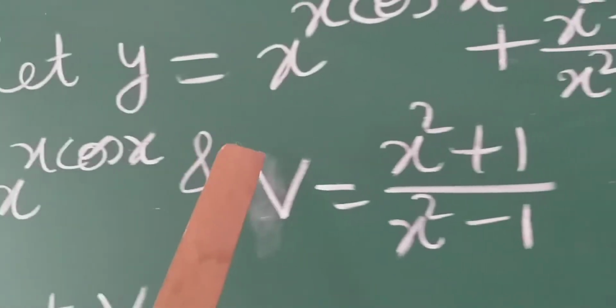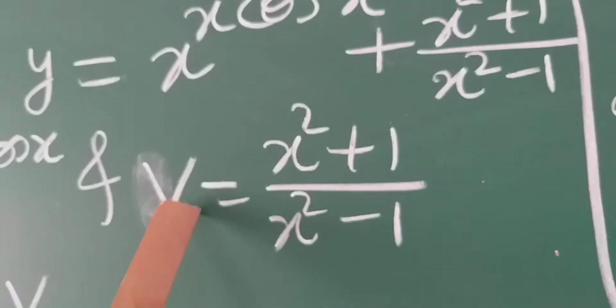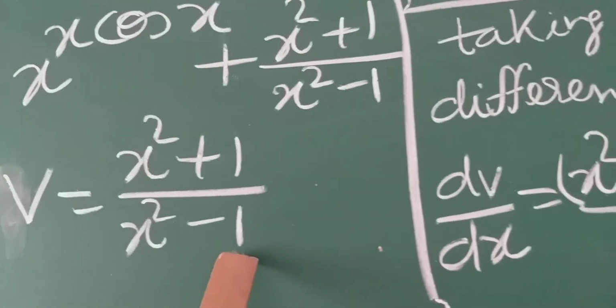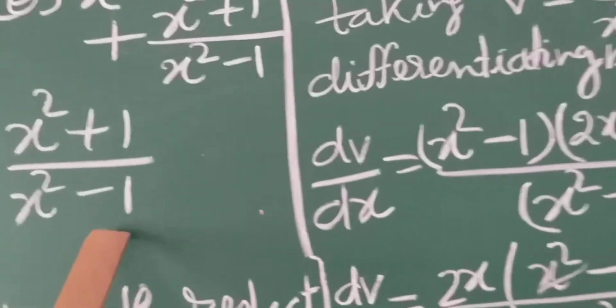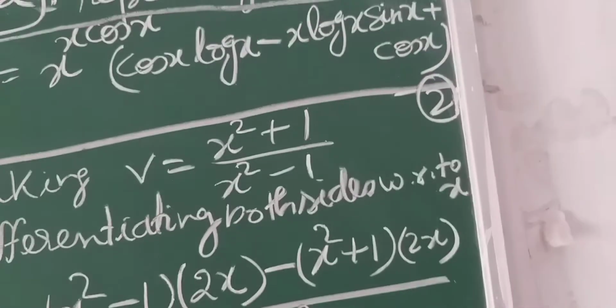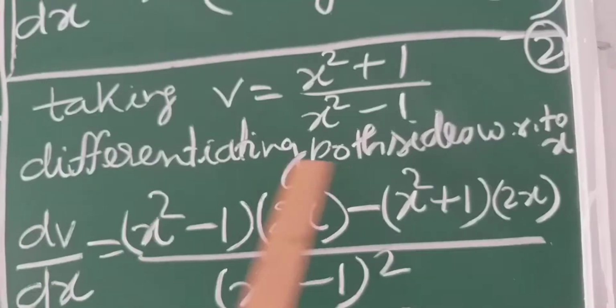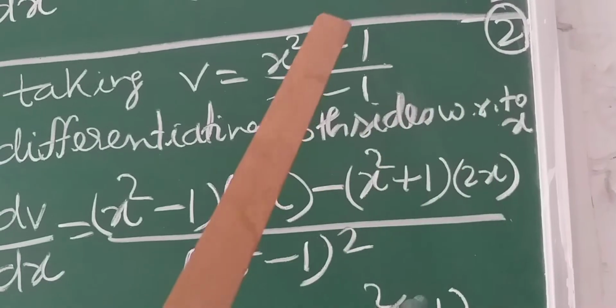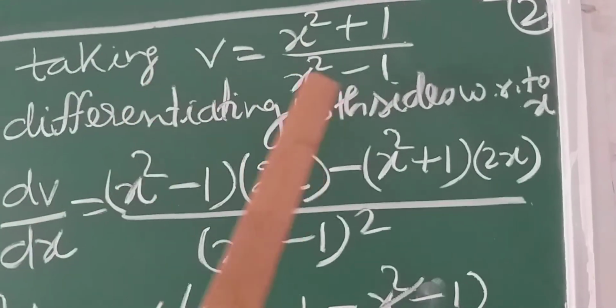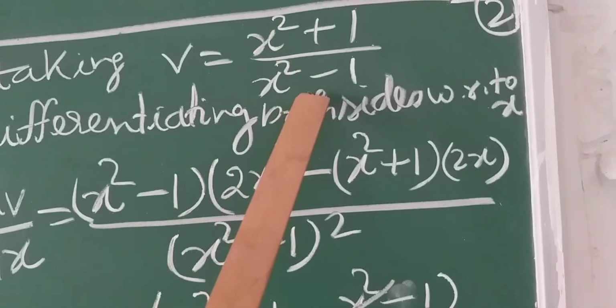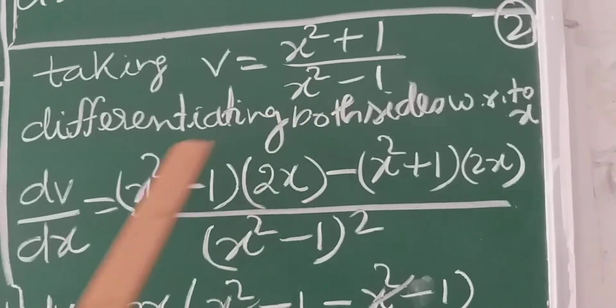Now students, we are going to find the derivative of v equals x square plus 1 upon x square minus 1 with respect to x. So taking v equals this and differentiating both sides with respect to x, it can be easily solved with the help of the quotient law or division law.